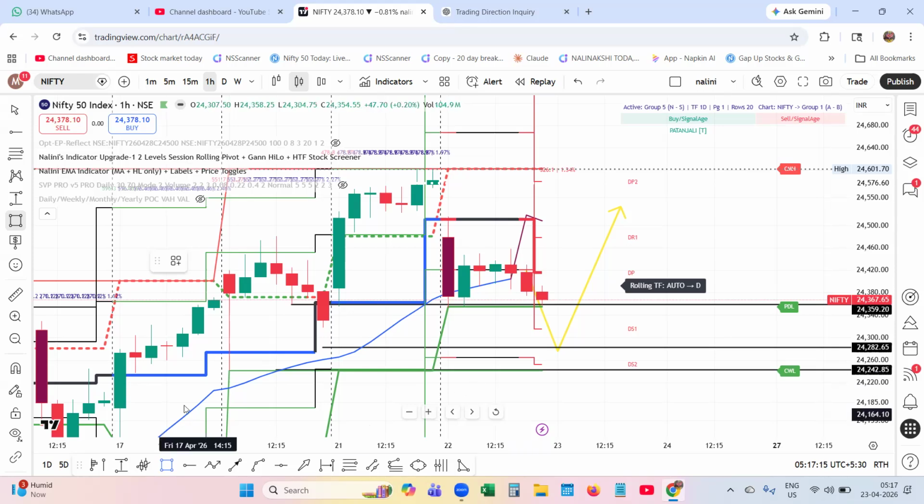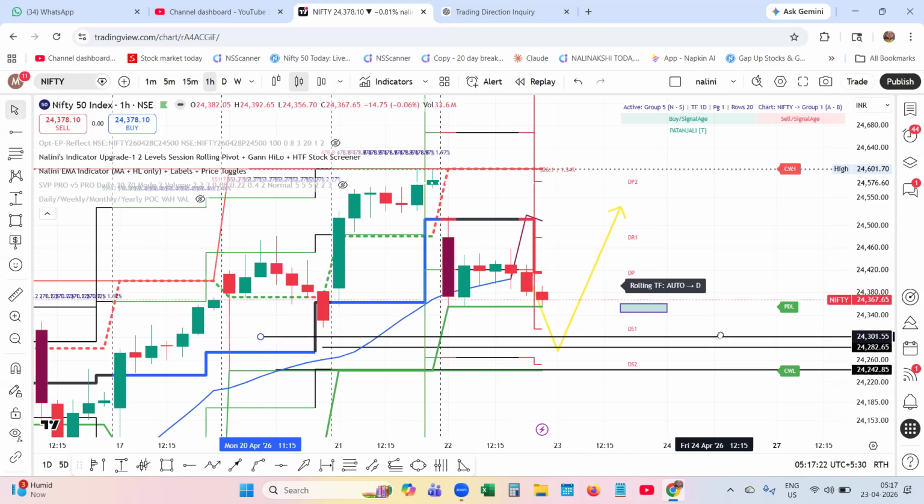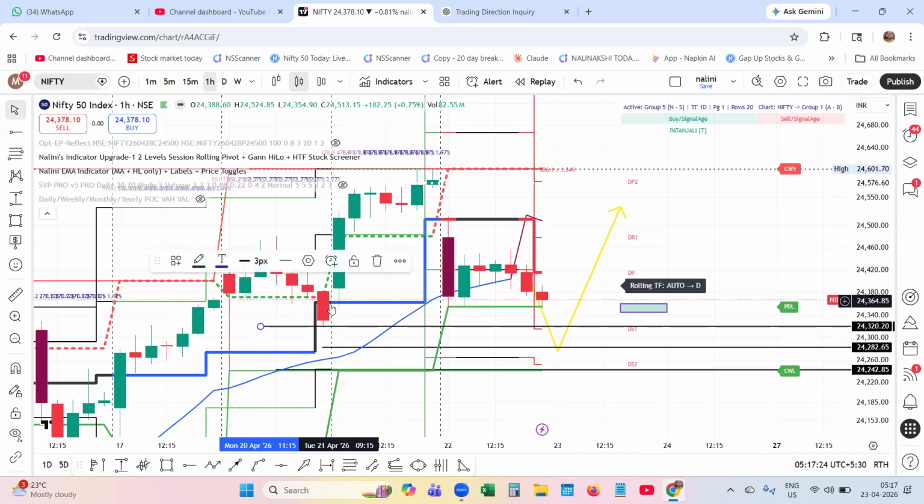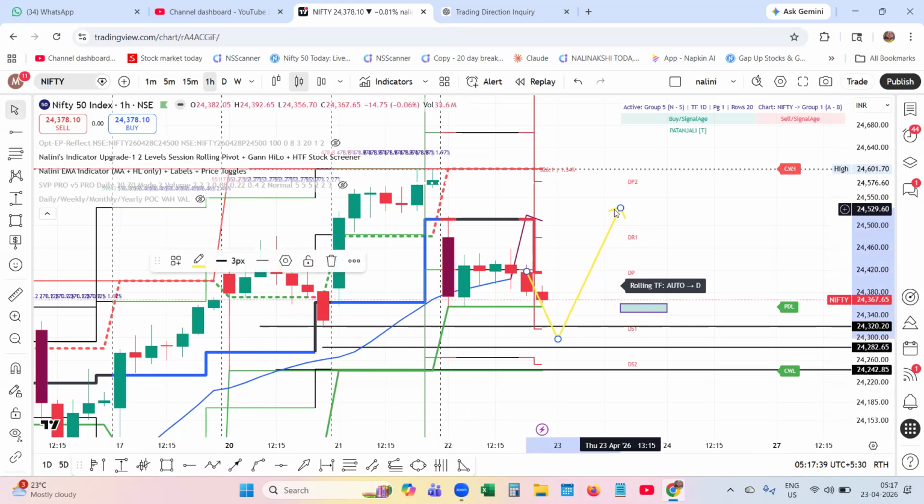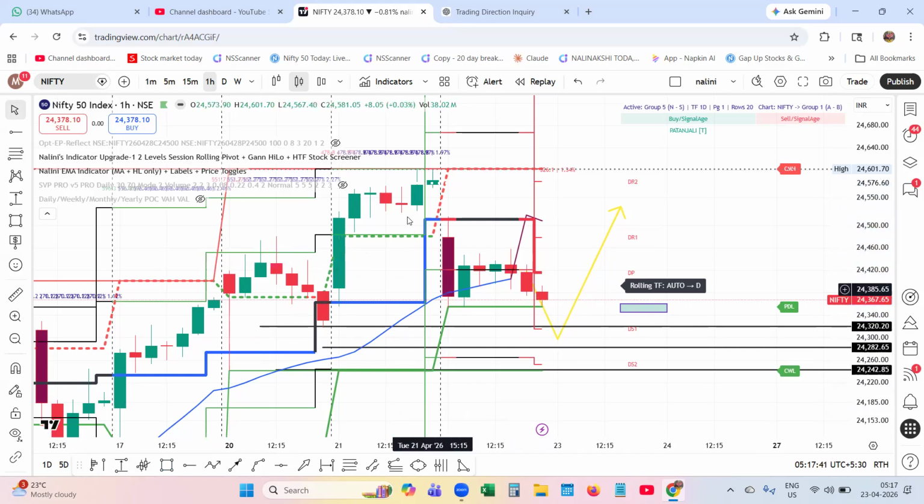If it seeks, there is liquidity beneath this level, that is already admitted at 24,318. For a while, if it breaches and snaps back, it sucks all the liquidity beneath this, and we can see a sharp short covering rally in the market today.